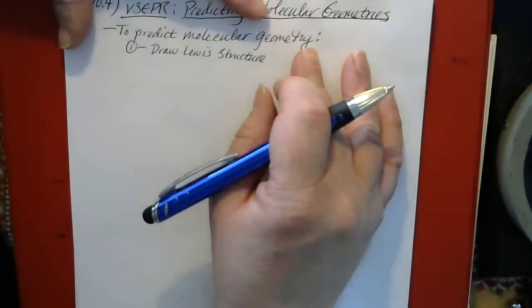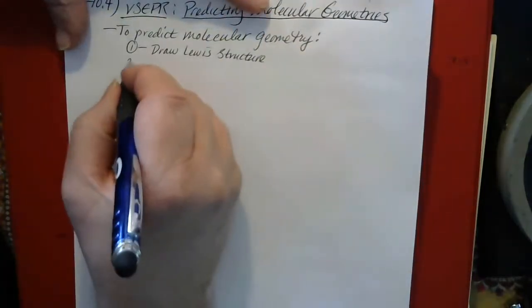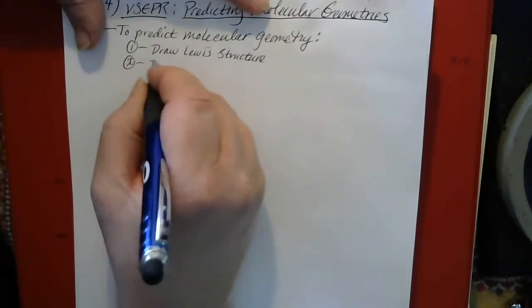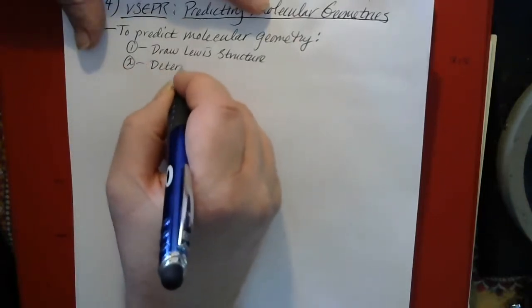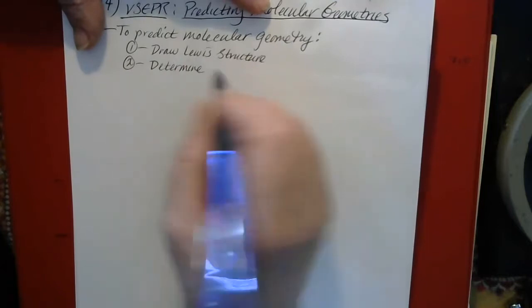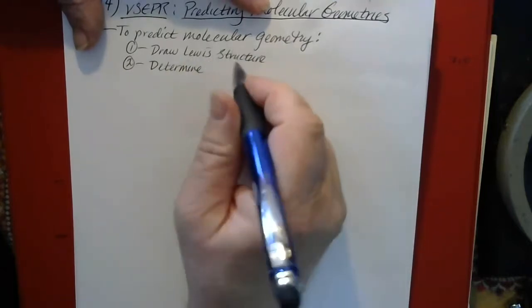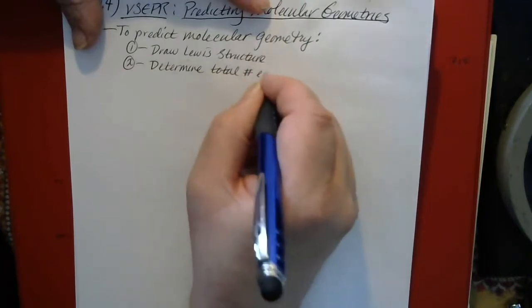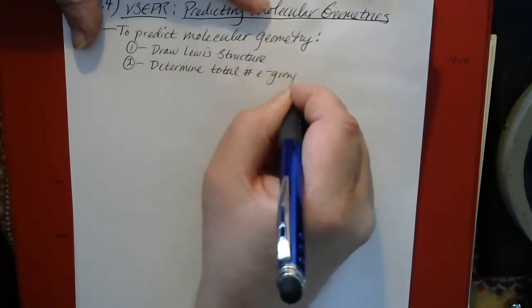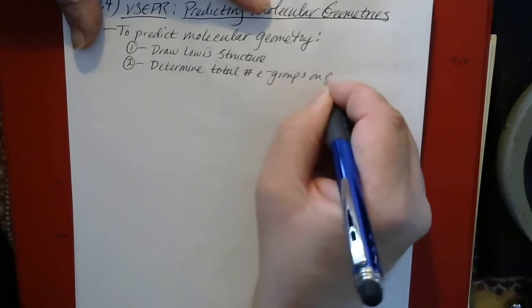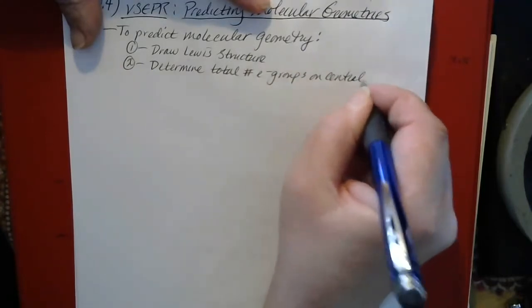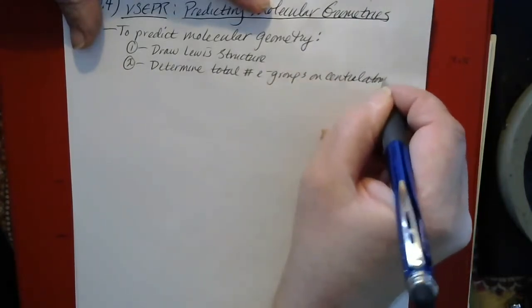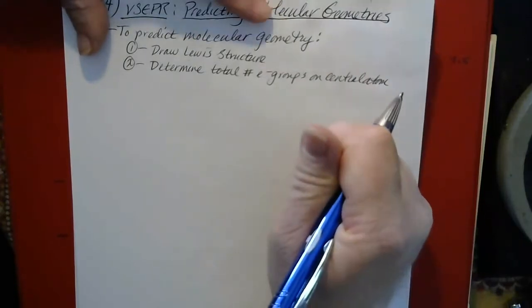And then two, you have to determine the total number of electron groups on the central atom. And that will tell you the electron geometry.